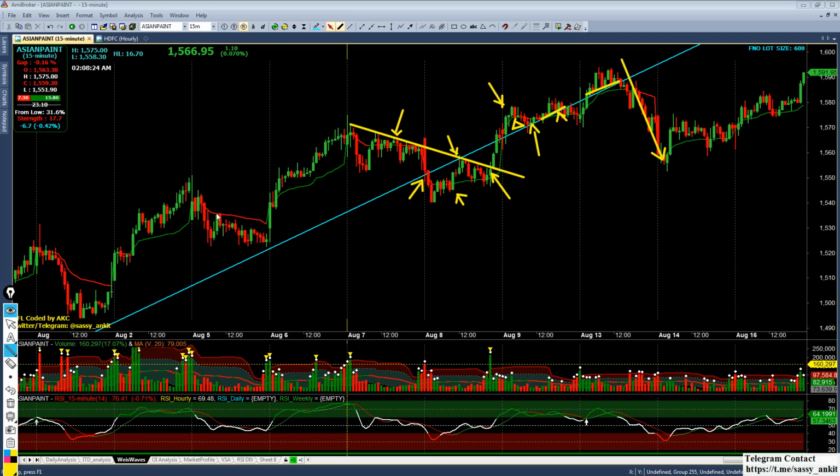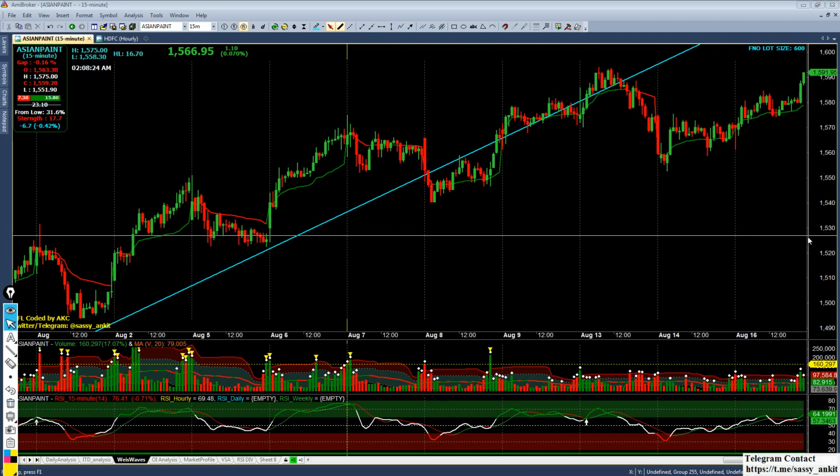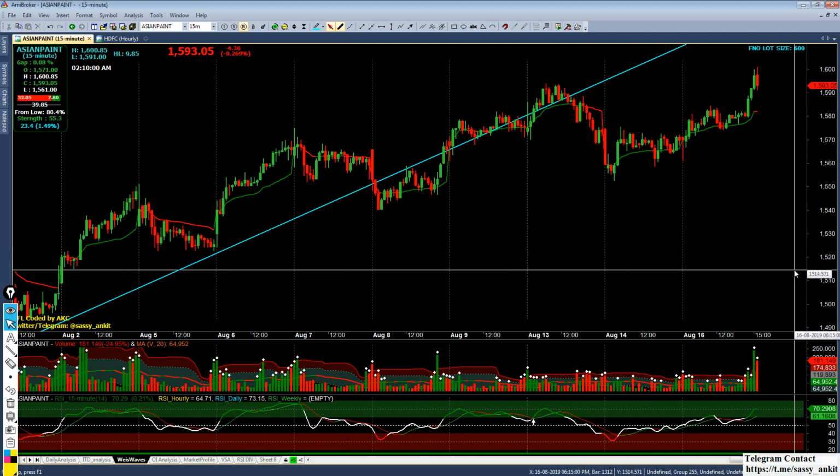If you ask me, I would have taken a shot here with this SL, where SL is getting hit. Again I would have taken a shot here, and see this much risk earlier, this much I lost earlier, and in the next attempt I earned this much. So this is how you should trade your trend line, with some logic and the context of the chart.